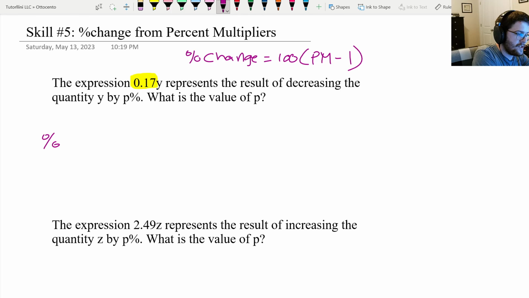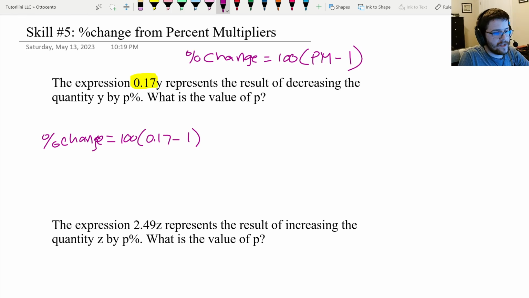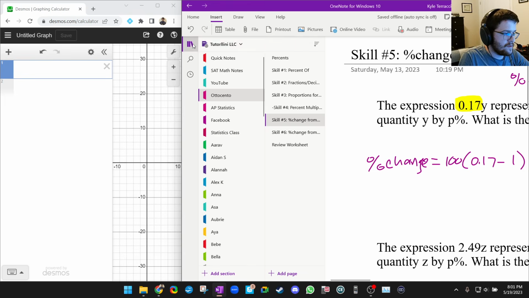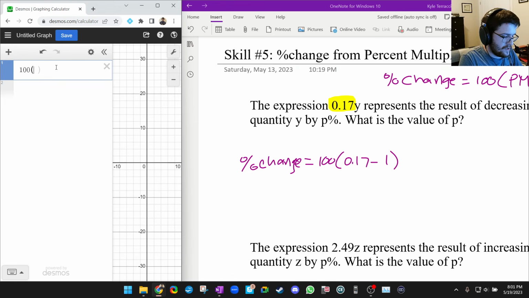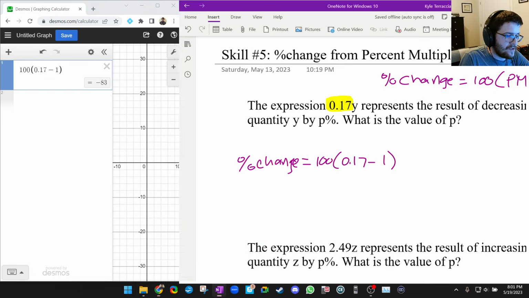So to find the percent change, we're going to do 100 times 0.17 minus 1. Let's see what that gives us. So 100 times 0.17 minus 1. We get negative 83%.